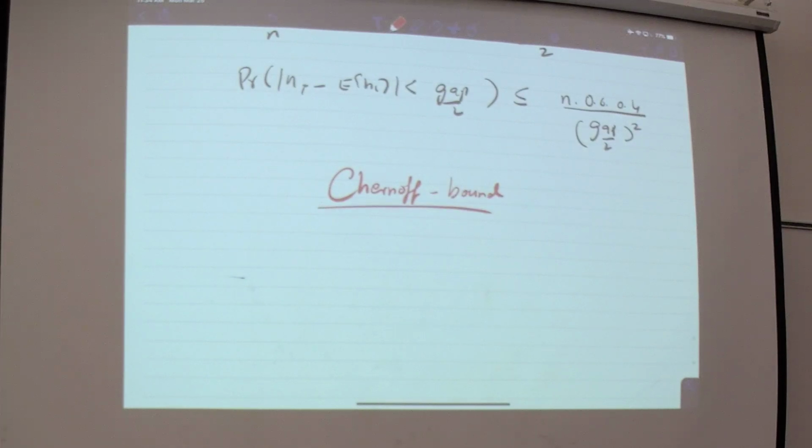This is like a family of bounds that say something like, roughly speaking, the probability that the deviation from the mean is more than some small factor times the mean, so you're a little bit away from the mean, is less than not 1 over delta squared, 1 over delta cubed, 1 over delta fourth. It's exponentially small. So those tails drop off exponentially.